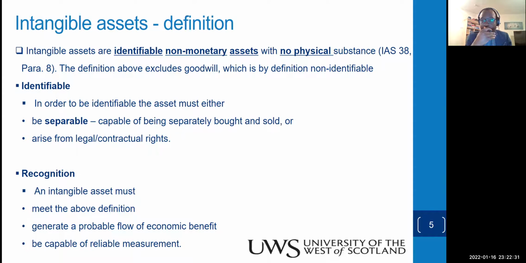This excludes goodwill. Goodwill, we'll get to that. This excludes goodwill because goodwill in itself is non-identifiable. You cannot separate goodwill from the business. Let's say Amazon. The good name that Amazon has is its goodwill.